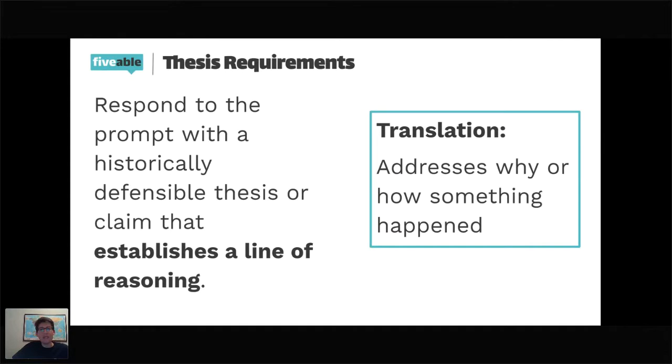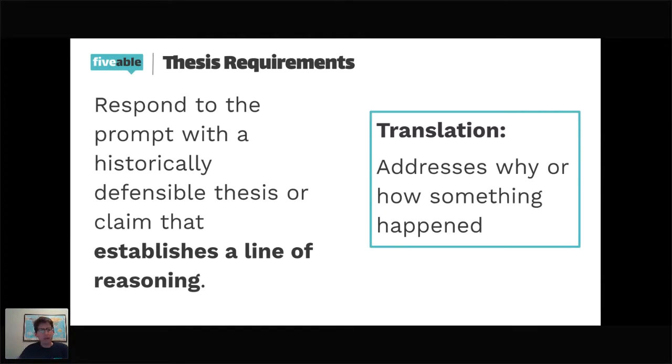And the reason for that is there are a million different ways that you can go about responding to the prompt with a historically defensible thesis or claim that establishes a line of reasoning. There are so many different ways to do this. I read for the DBQ last year, and reading hundreds of essays over the week, I found that no two really addressed the prompt in the same way.